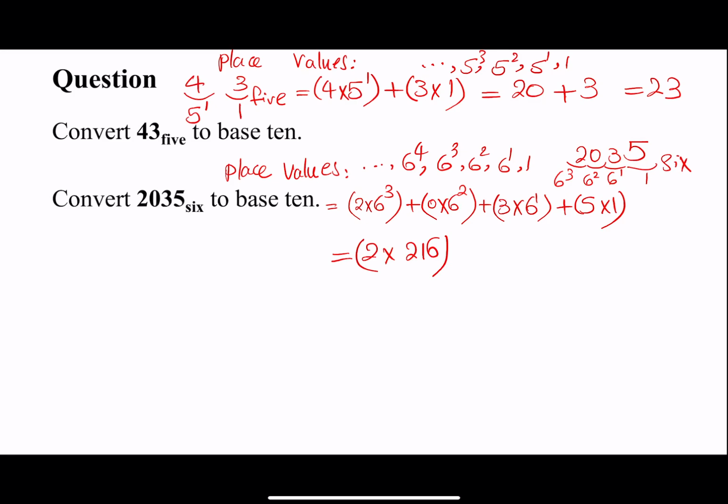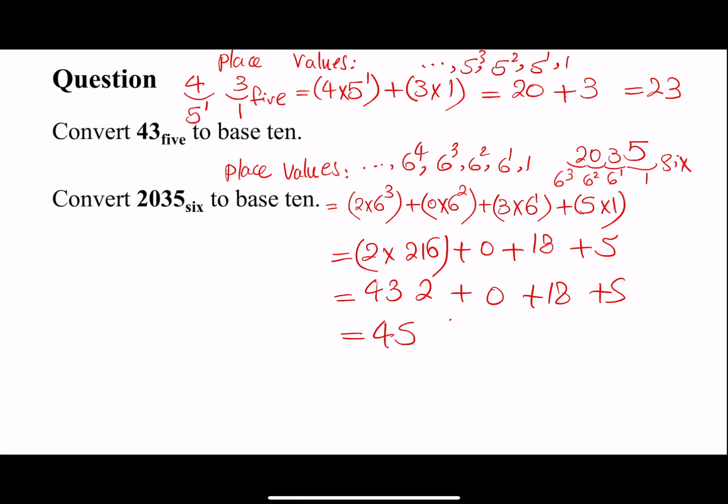So 0 times 6 squared is 0. 3 times 6 is 18. And 5 times 1 is 5. So 216 times 2 is 432 plus 0 plus 18 plus 5. So the answer is, let me add them all, 455. So 2035 base 6 is actually 455.